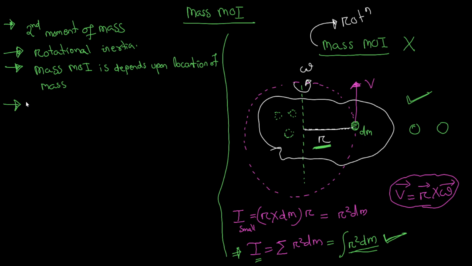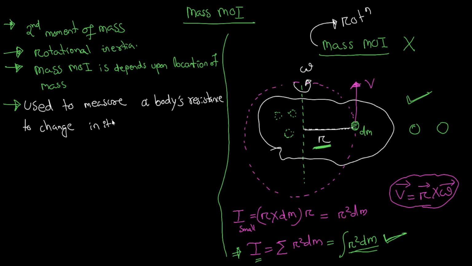Mass moment of inertia is used to measure any object's resistance to change in its rotational direction.